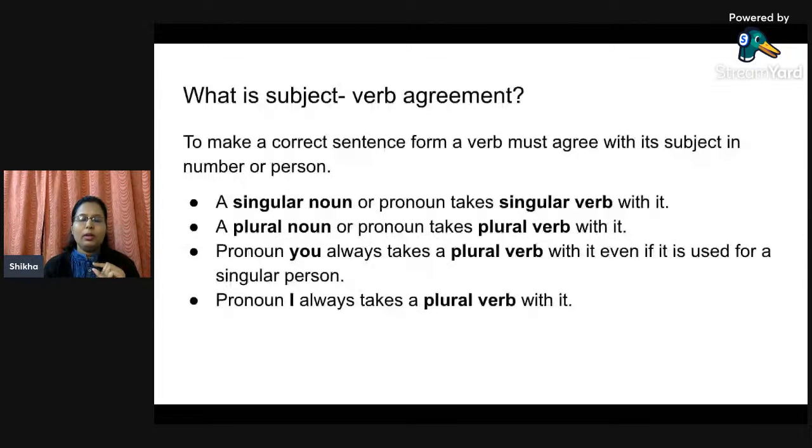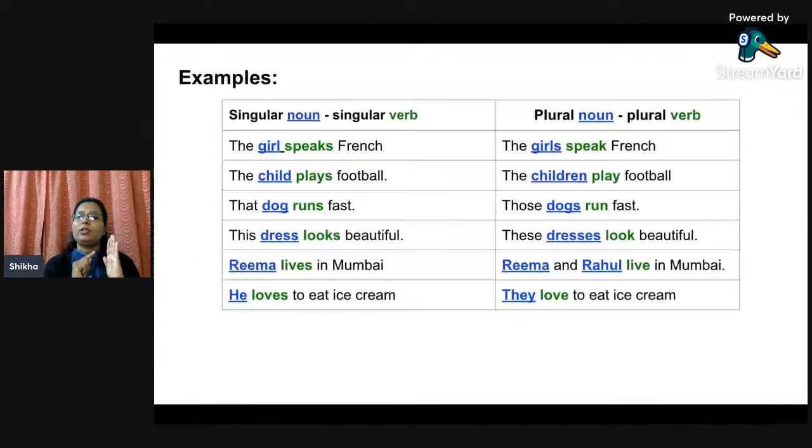But in a verb, the action word, if we add s with that, it is a singular verb. So keep in mind that noun and verb act oppositely. When we add s with the noun, that is known as plural, and when we add s with the verb, that is singular. I hope I am clear.